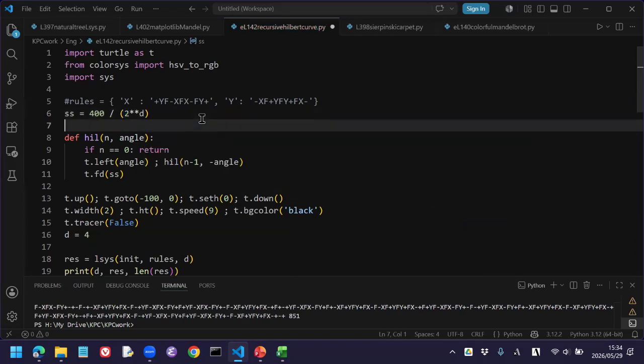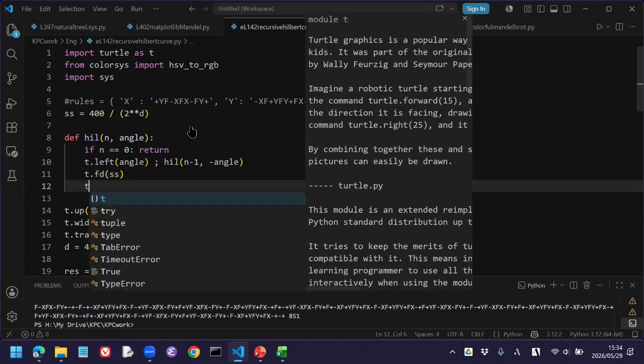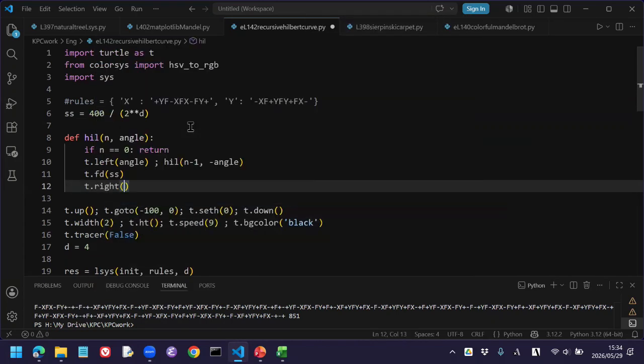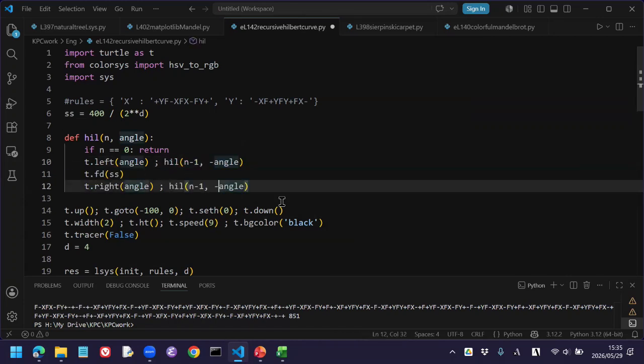This actually works. And then minus, so t dot right angle. And then x. So x will be angle plus. So copy this and write it with positive angle.